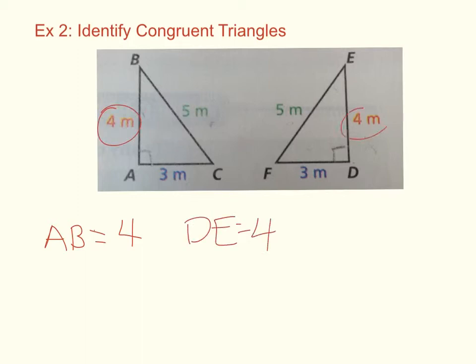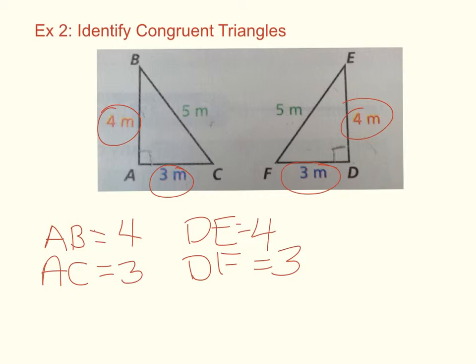And they tell us that right here. Then I have length AC, which is 3, and length DF, which is 3. And our last length here is BC, which is 5, and EF, which is also 5.